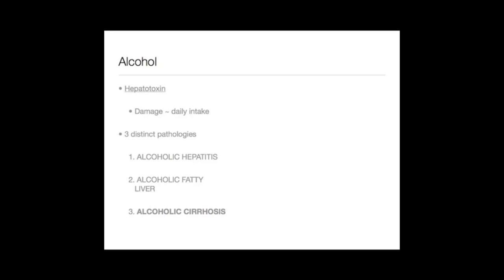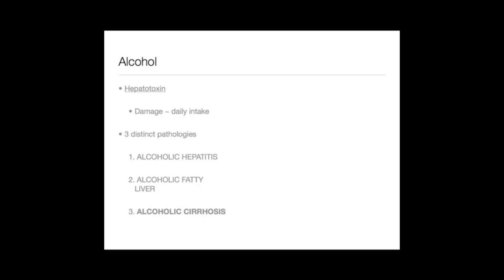One of these is alcoholic hepatitis, and this can happen acutely in someone who goes on a massive drinking binge. One of the complications, of course, is pancreatitis, but people can develop an acute hepatitis, very similar to that which you might get, say, with acute hepatitis A infection, in response to alcohol.